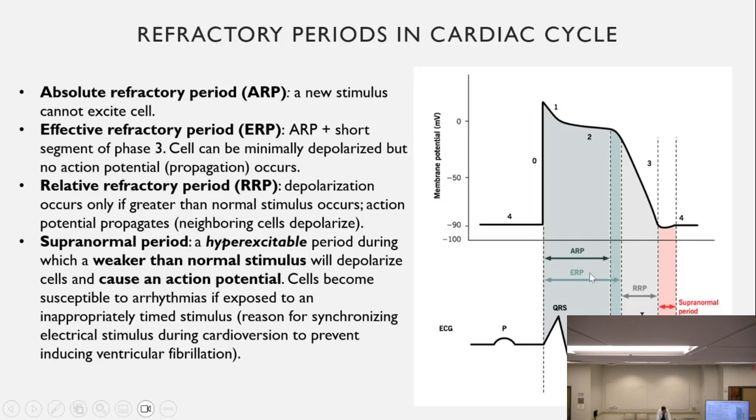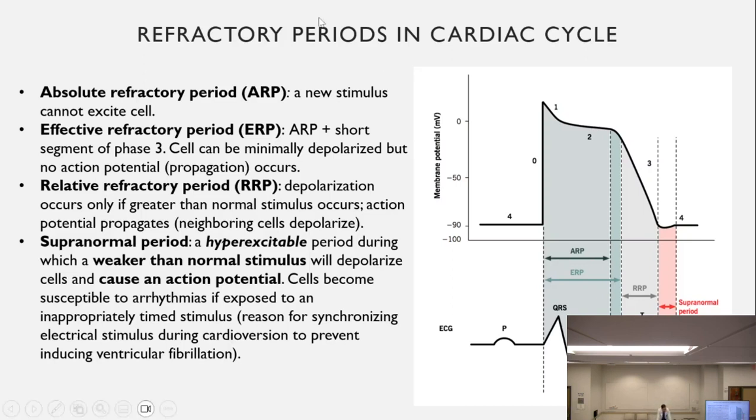This little knee here, added to the absolute refractory period, is called the effective refractory period. You're going to know that it exists. Make a note that you don't have to study that now. You know it exists, but it's for the future.